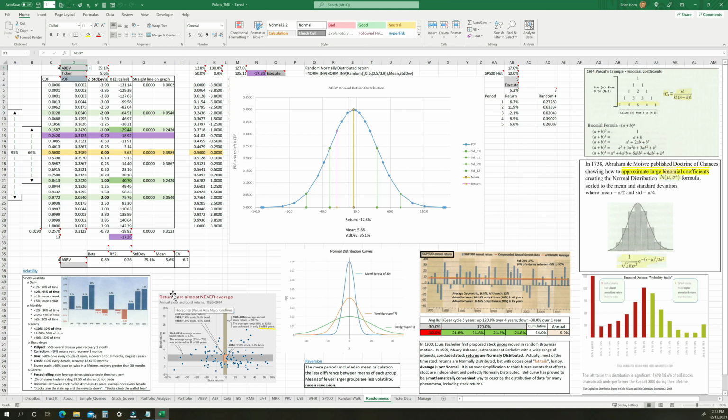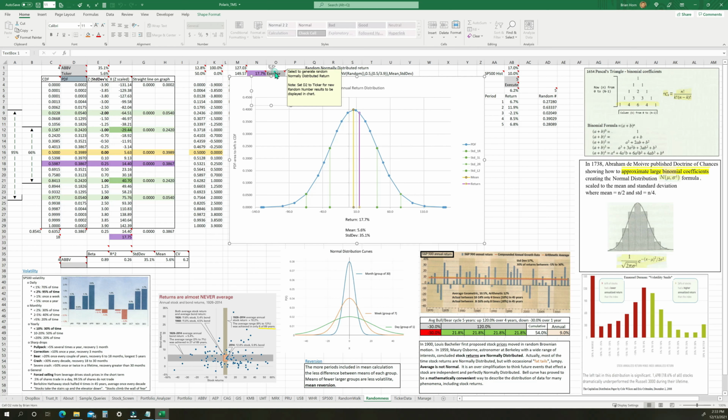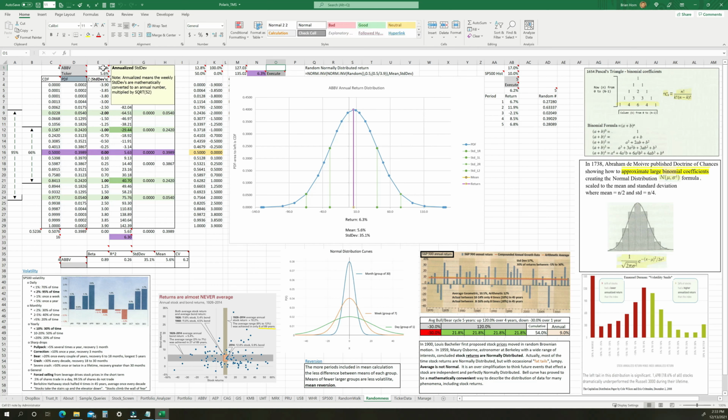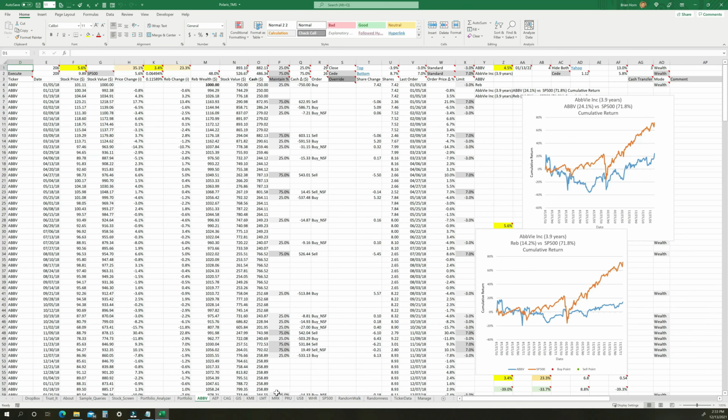This worksheet is intended to be a place to go and explore randomness and volatility. So let's start off here in cell D1. You can select a specific ticker that you're interested in, in this case, AbbVie. And then you can come over here and select Execute. You'll see here on the graph that every time you select Execute, it shows the position of this randomly generated return based on the ticker's calculated annualized standard deviation and annualized mean that comes from the price history from that ticker's worksheet.